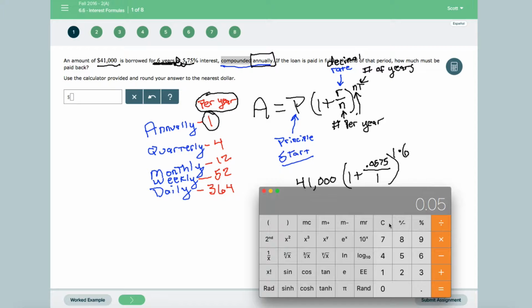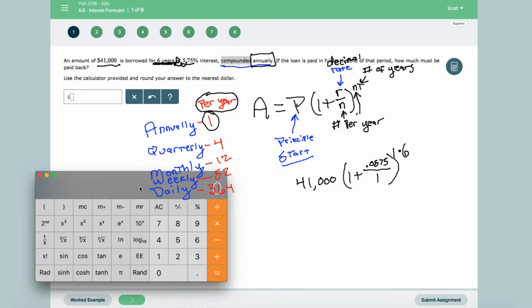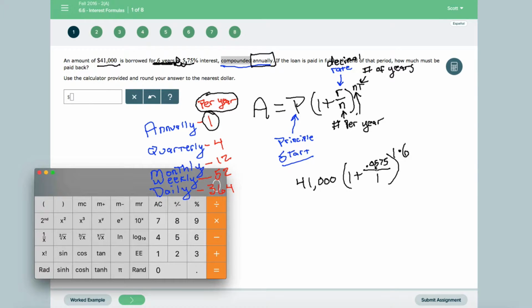What's 0.0575 divided by 1? That's 0.0575. So I've got 1 plus 0.0575, which is 1.0575. What's 1 times 6? That's 6, so that to the 6th power.